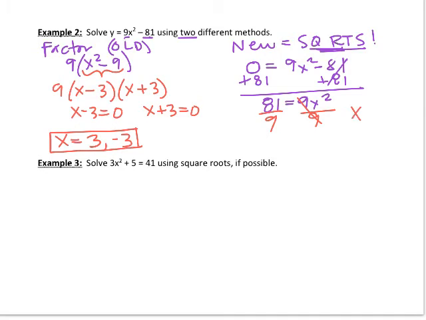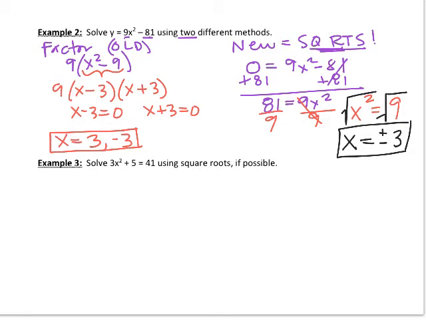So I'm going to have x squared equals, what's 81 divided by 9? It is 9. Now, if I take the square root of both sides, this side ends up being just x, and this ends up being plus or minus 3.